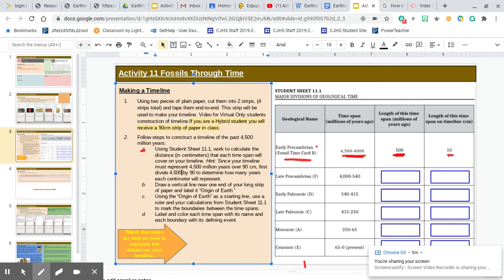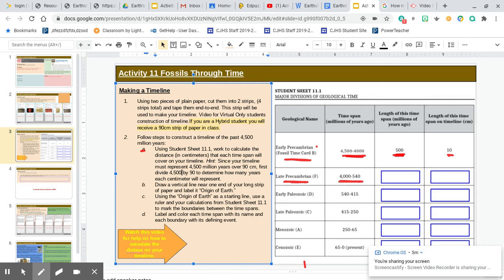So this is where they get the 10 centimeters here. That was early Precambrian. Let's do the late Precambrian together. This is the time period that the late Precambrian stage happened, from 4,000 million years to 540 million years.